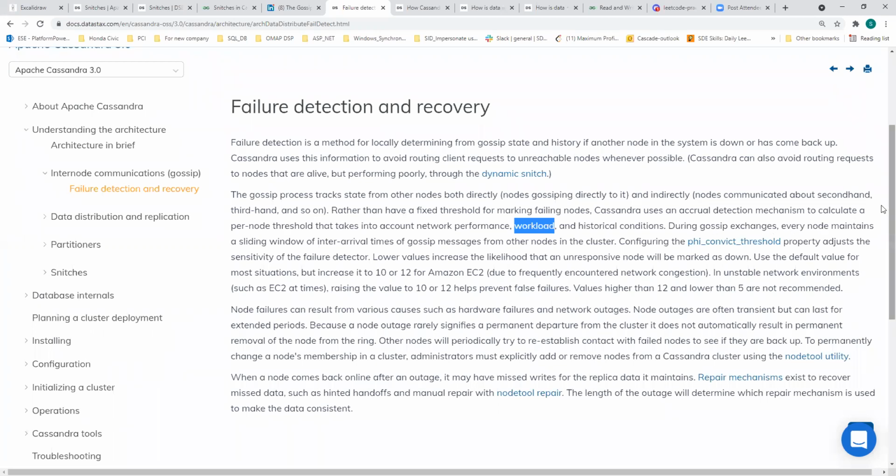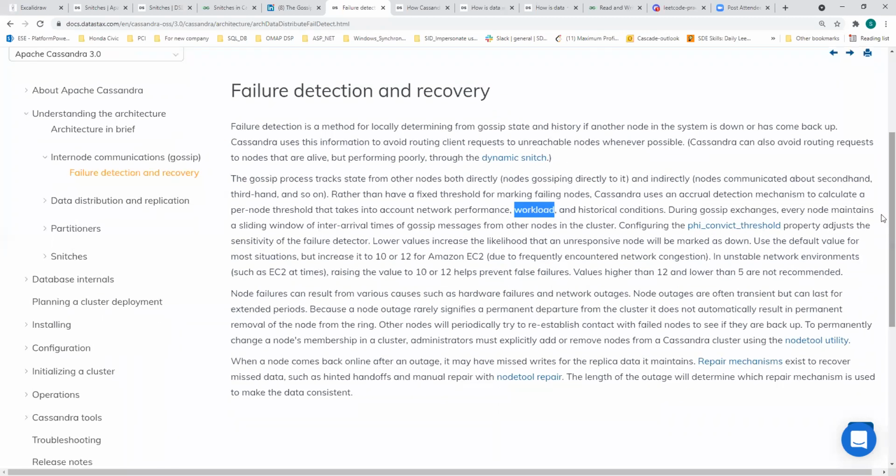Then they say you maintain a sliding window, and you keep on maintaining whatever gossip messages you get in that. This is the phi convict threshold property, and you keep on adjusting based on the sensitivity of the failure detector for that particular node.